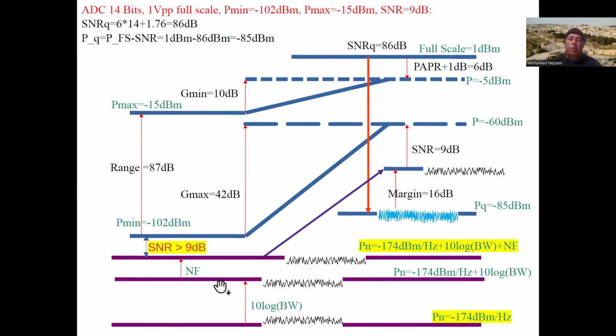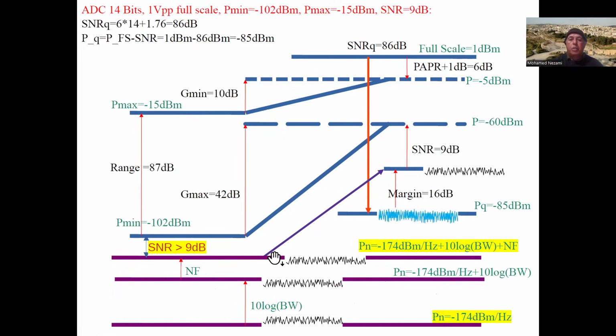When you integrate over the bandwidth, that's basically minus 174 dBm per hertz plus 10 log of the bandwidth. And of course, that's going to be raised by the noise figure. Okay, so I add the noise figure. And this would be my thermal noise right here. This thermal noise, you have to take it up to this level in here, which is 16 dB stronger than the minus 85. Okay, so that's another way of looking at it.